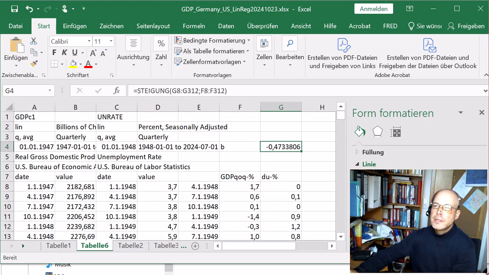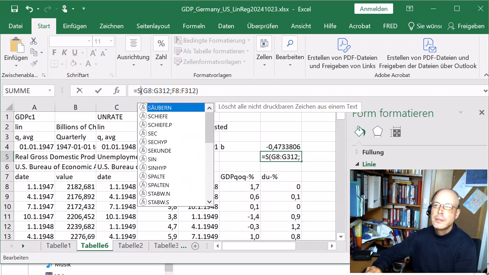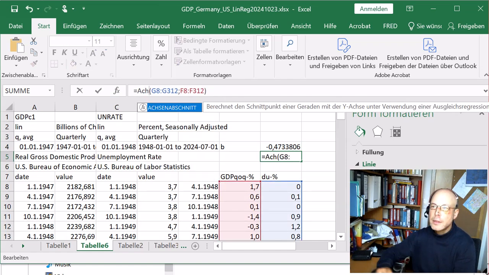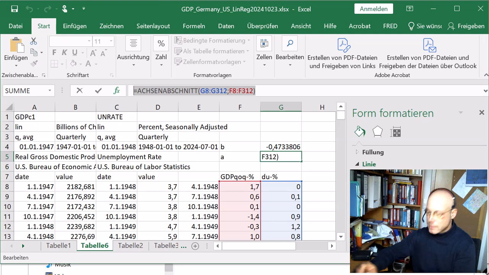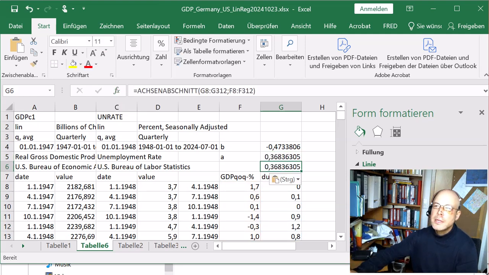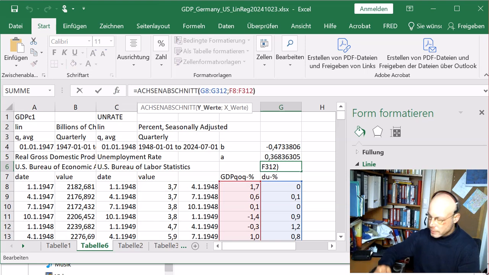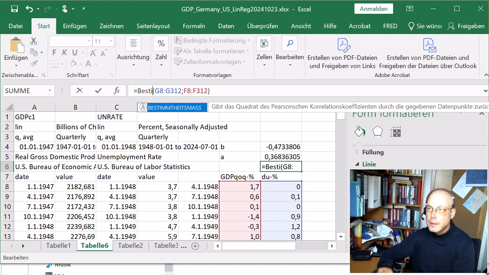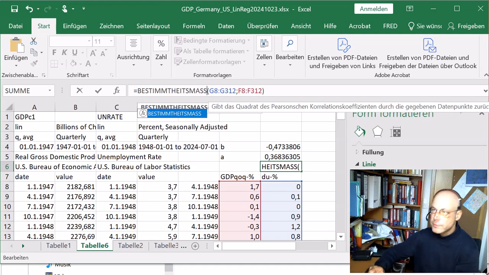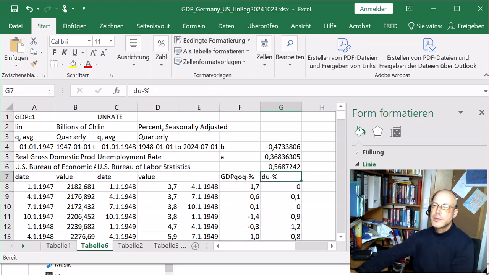And then, of course, the same thing for the vertical axis. Then we interchange the slope with the vertical cut. This is A, and we take the coefficient of determination, interchanging the vertical cut with the coefficient of determination.